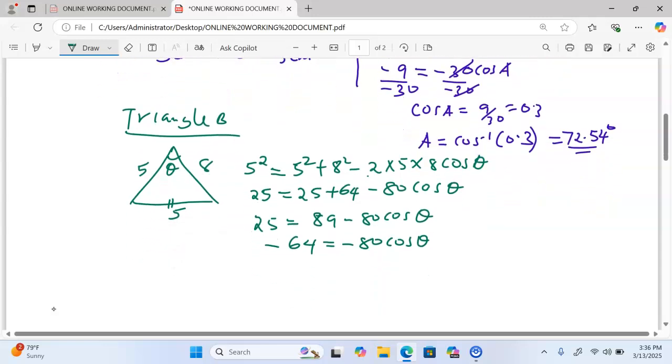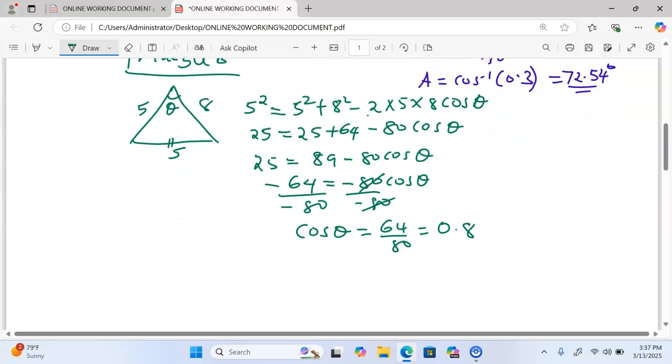If we divide both sides by negative 80, negative 80 and negative 80 will cancel, leaving us with cos theta being equal to negative 64 divided by negative 80. That is the same as 64 divided by 80, since both of them are negative. Negative will cancel, and this one will give us 0.8.